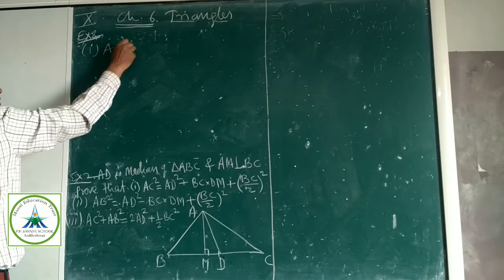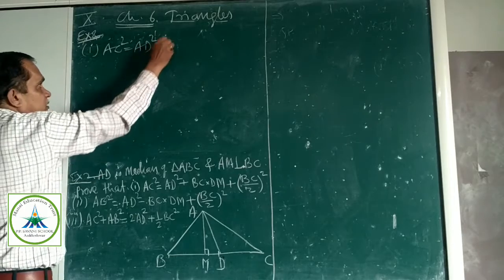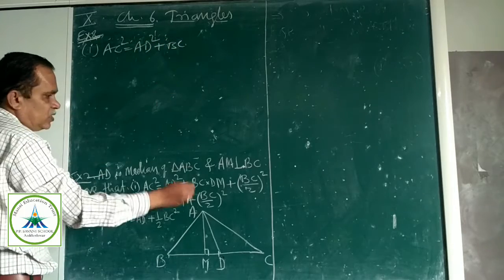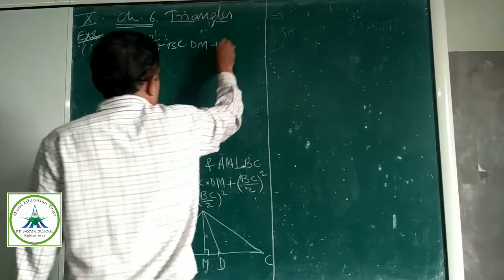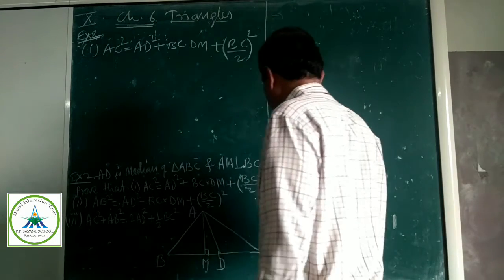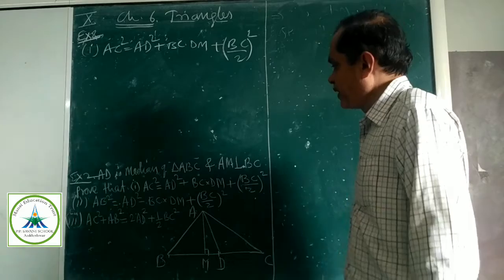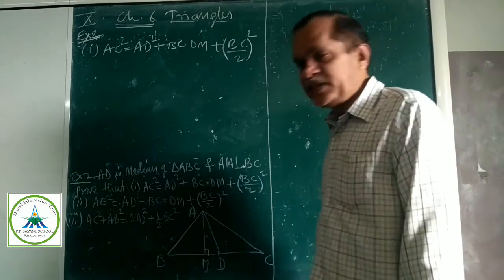AC square equals AD square plus BC dot DM plus (BC upon 2) whole square. Now look, very simple. In this diagram, where is AC?